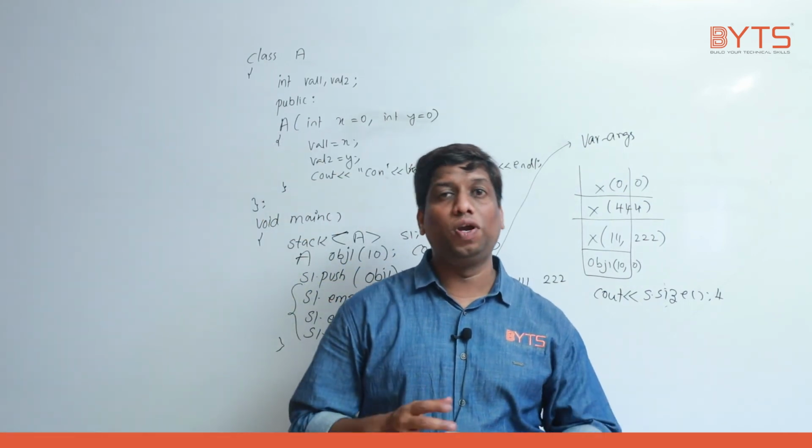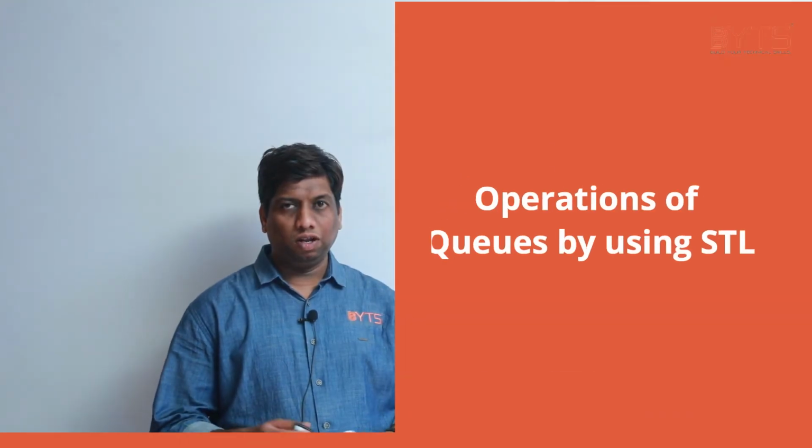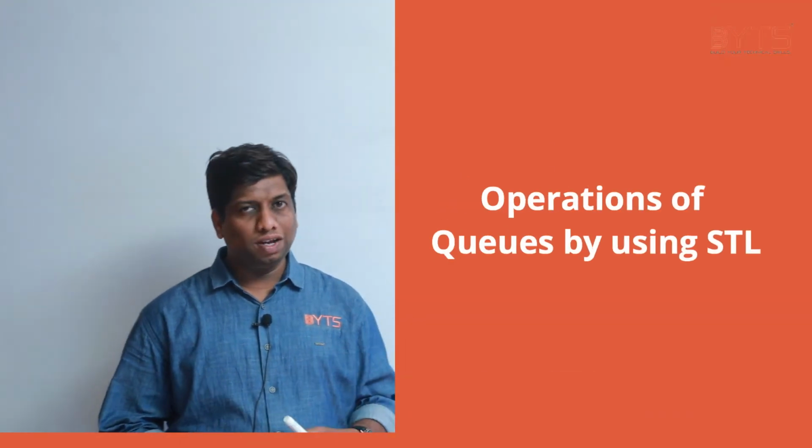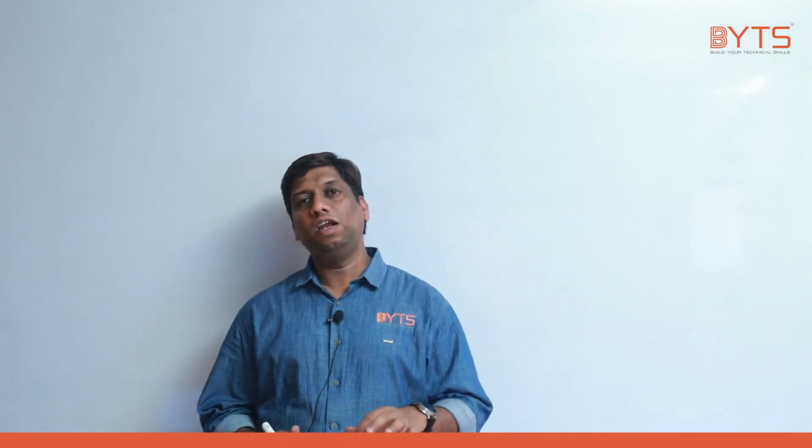Now we need to see queue predefined functions. Now we are going to see queue, right? Already we have seen queue implementation using arrays. Queue implementation using linked list we will see also, right? Now already in C++ STL there is a concept called queue. They are providing you the library, we just need to know the functions, right?